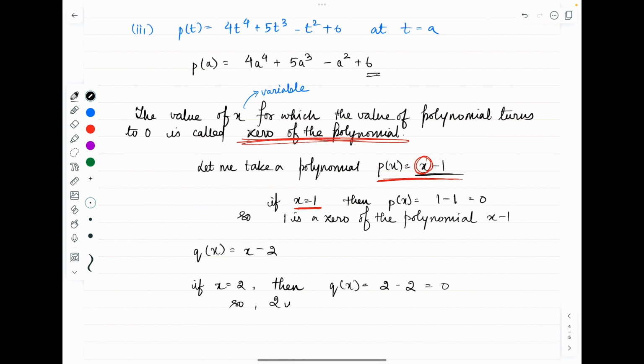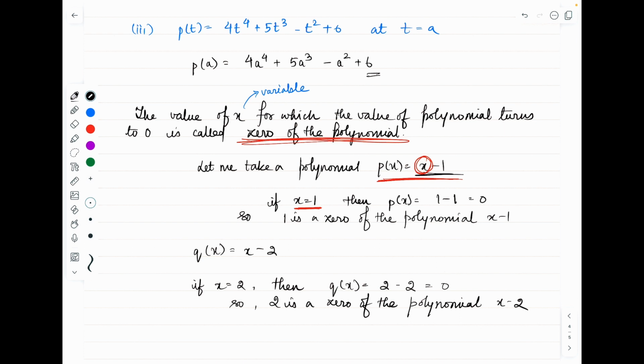So 2 is a zero of the polynomial x minus 2. You are getting it? For a value of the variable, if the polynomial's value becomes 0, that value of the variable is called the zero.